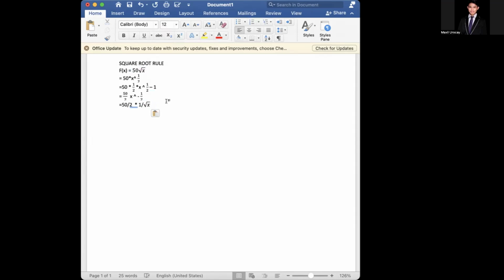Since we're dealing with a step by step process, we can also write 1 over x to the power of 1 half still.